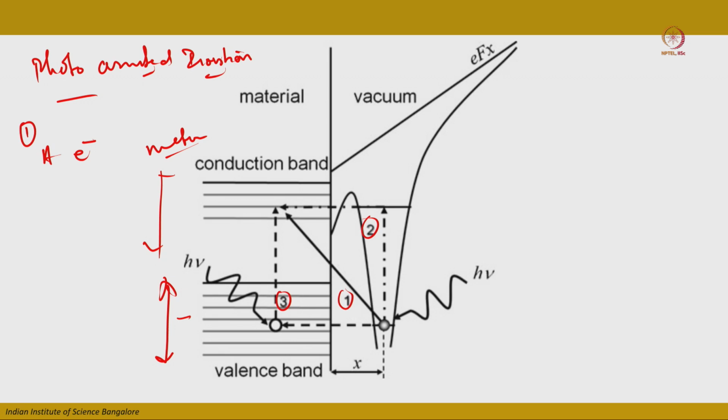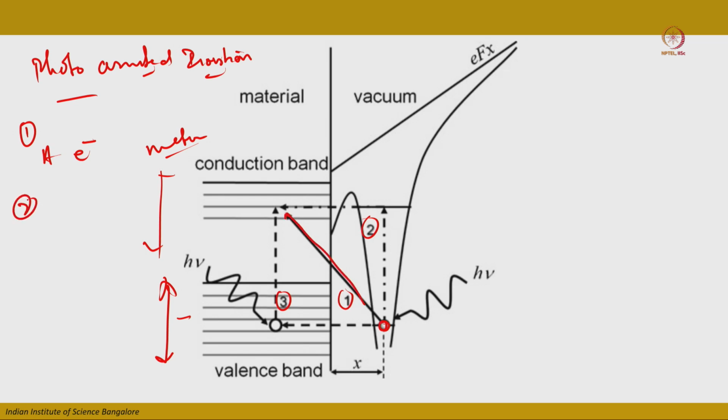So at the tip surface, if you have an atom with an electron, field ionization can happen by three methods. The first one is a simple one: an electron from the surface atom directly tunnels into the vacant bulk electron state in this direction. This is the one case.